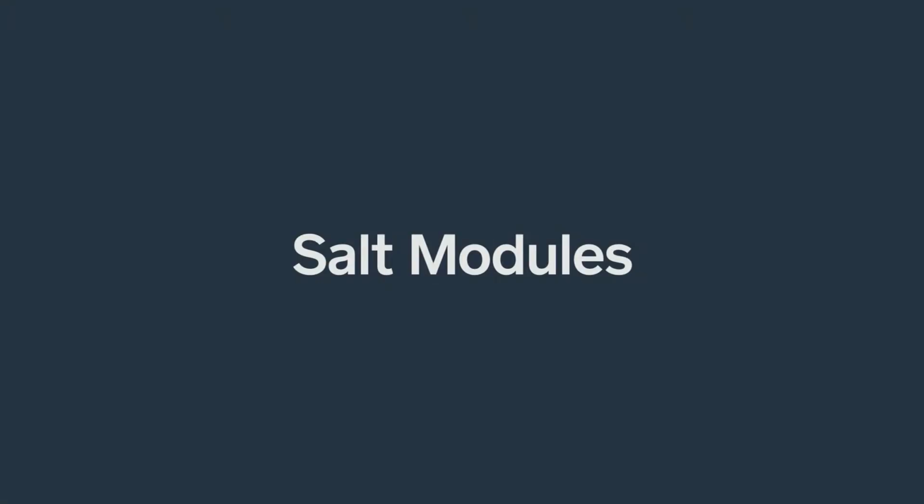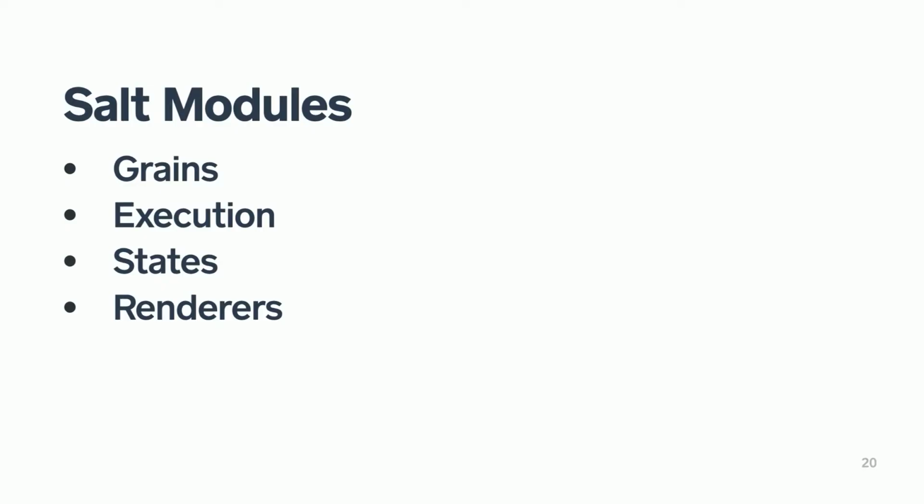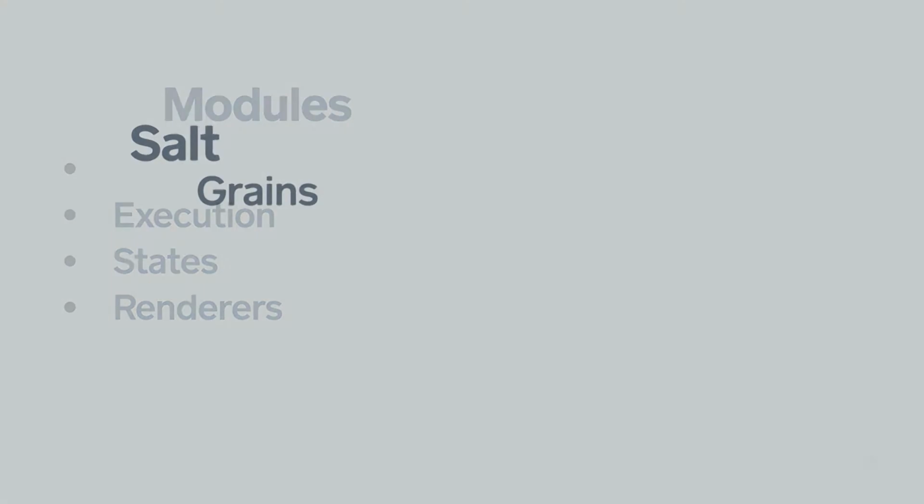So let's go over some of those Salt modules I was talking about. We'll cover 4 of these modules in a little bit more detail, and we'll start with grains.